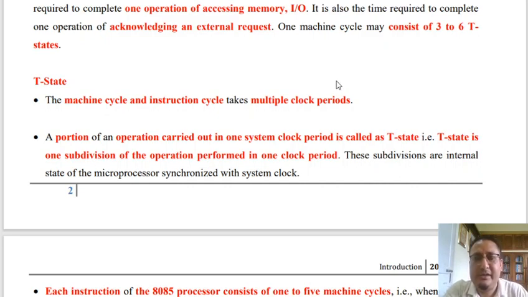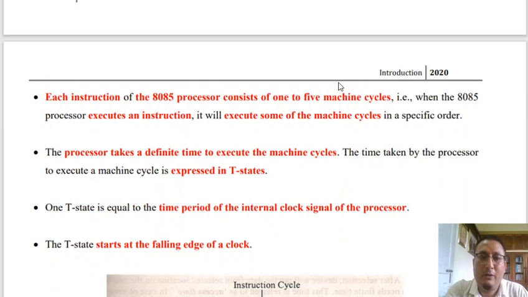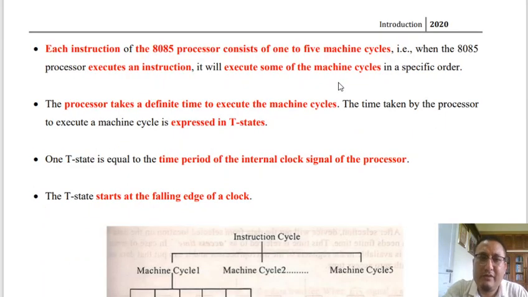Or T state may also be alternatively defined as one subdivision of the operation performed in one clock period.